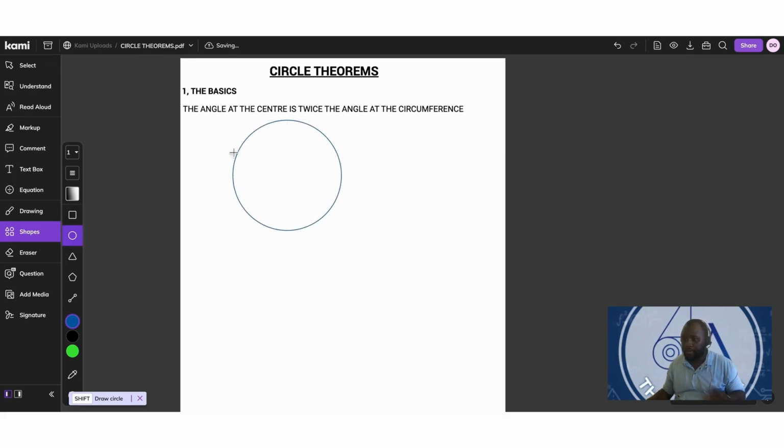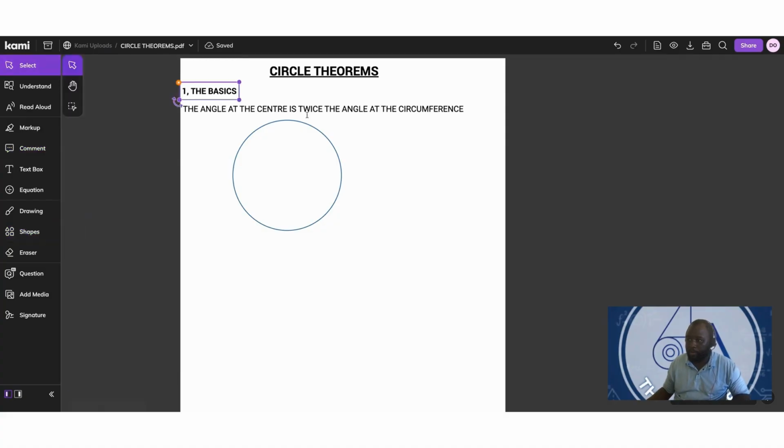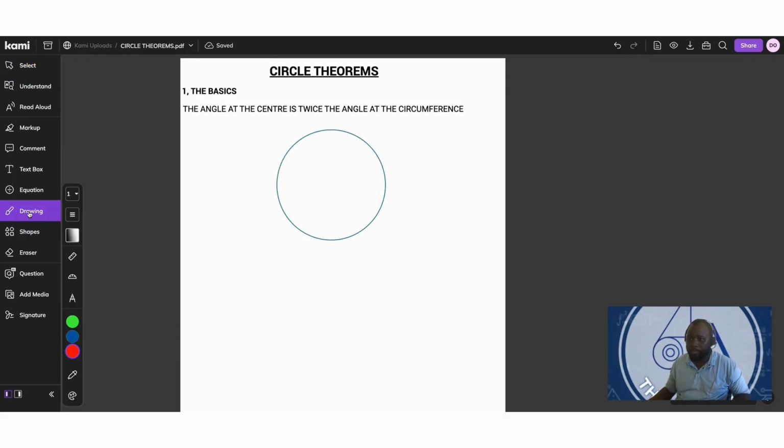If we have a circle with center O, we mark the center of the circle.